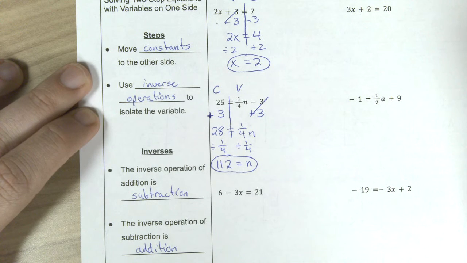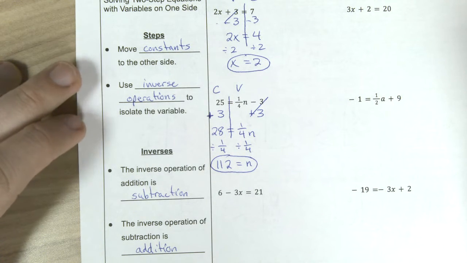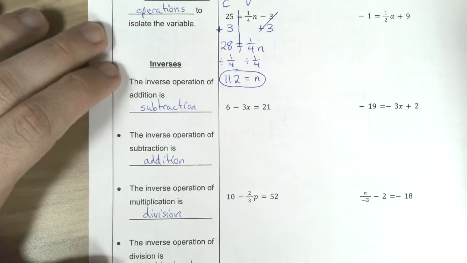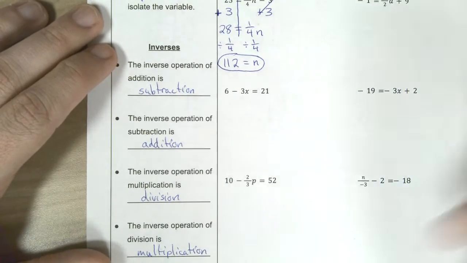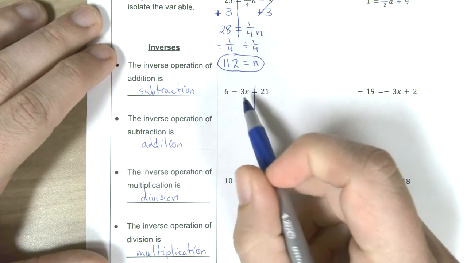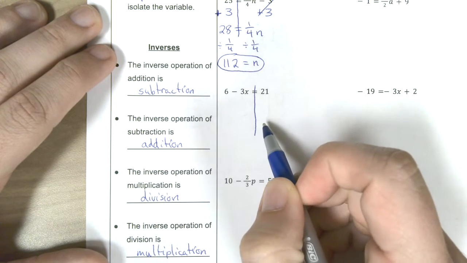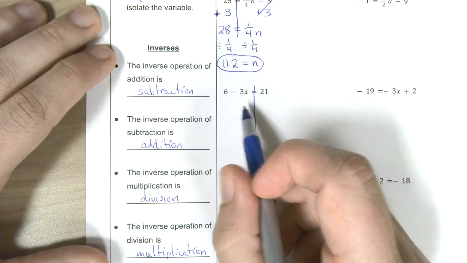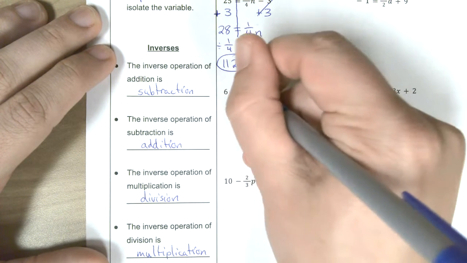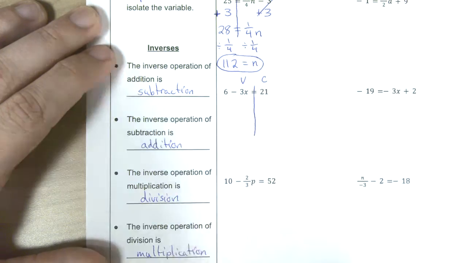Okay, maybe 2 more here. So let's try this one. 6 minus 3x equals 21. Now this one's kind of interesting. Here's my variable term, and this is the constant term.